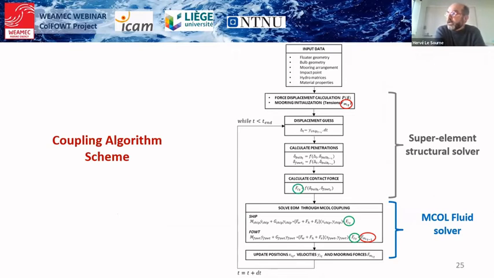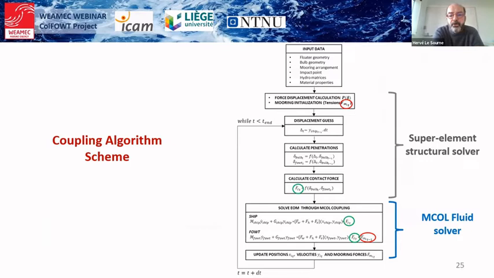So you can see here in the detailed coupling algorithm that at each time step, in fact, the superelement solver transfers the contact force, Fc, and the mooring resistance force, Fm, to the mCol solver.